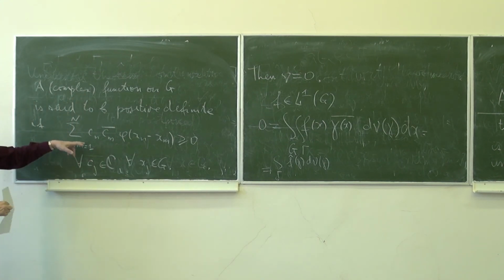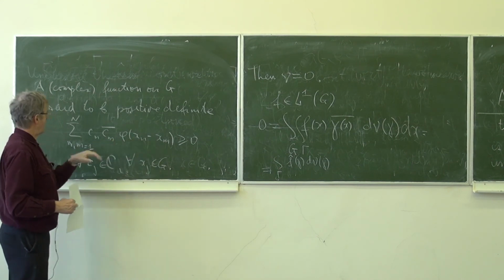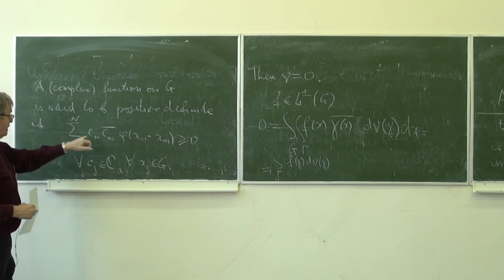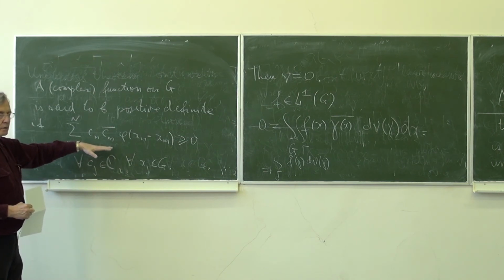So the condition is as follows. Take some capital N points in G, where capital N is arbitrary, and take some capital N complex numbers. Then we should have this inequality.